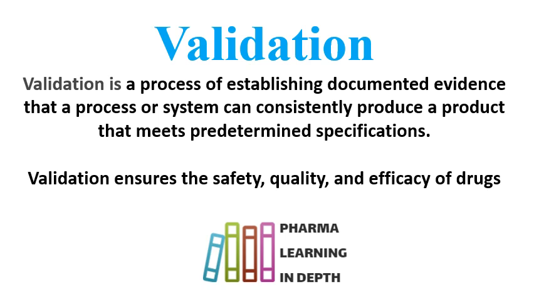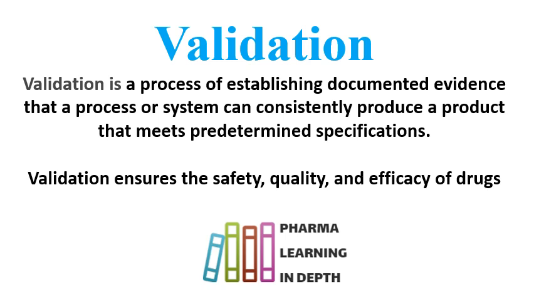For example, I have given you blender, then blender speed, then blending efficiency. Blending efficiency you can validate by having the blend uniformity data at different time points, so that you can say that the blending process is validated and the blender rpm is validated.